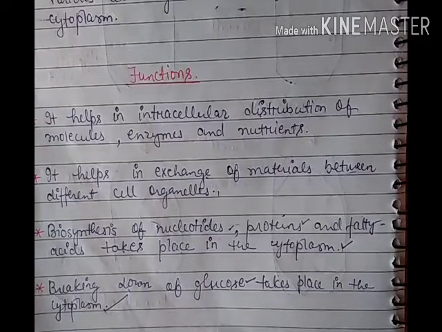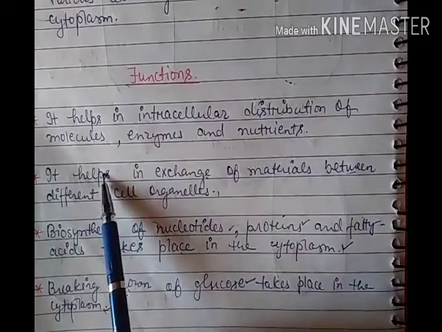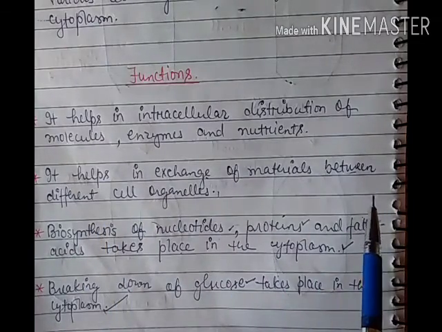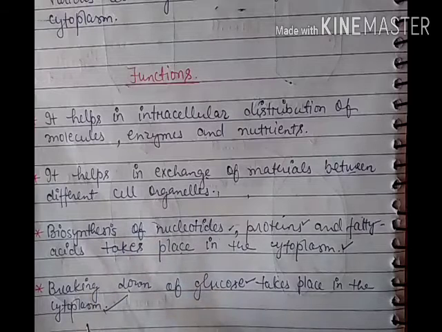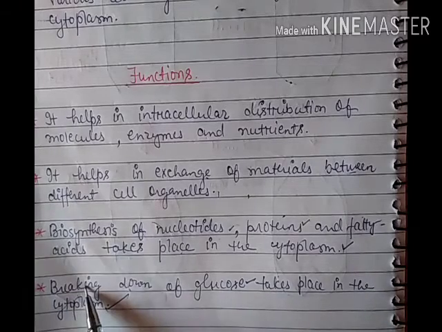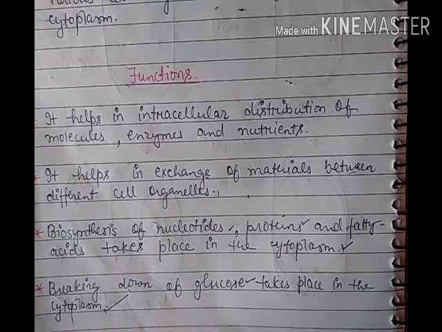So these are the main functions of the cytoplasm. It helps in the intracellular distribution of substances. It helps in exchange of materials between different cell organelles. It provides place or space for the biosynthesis of different kinds of molecules, and inside the cytoplasm breaking down of glucose occurs.